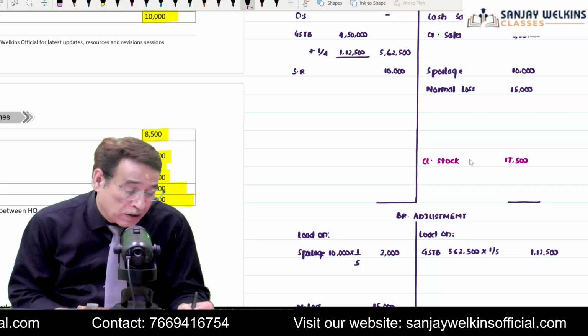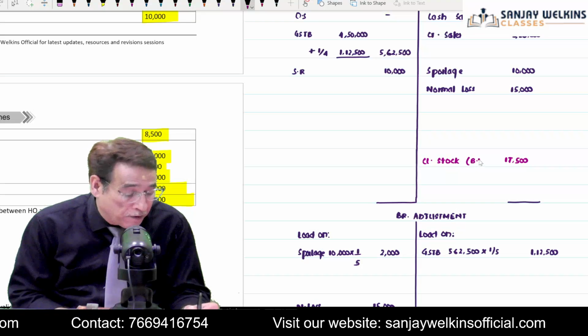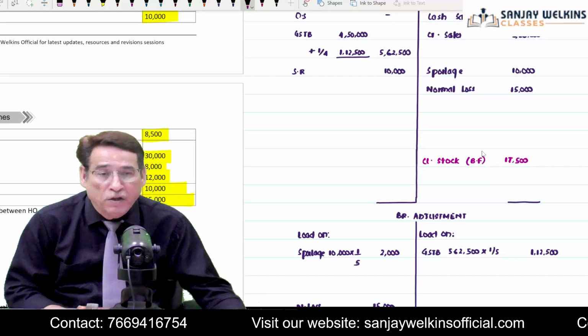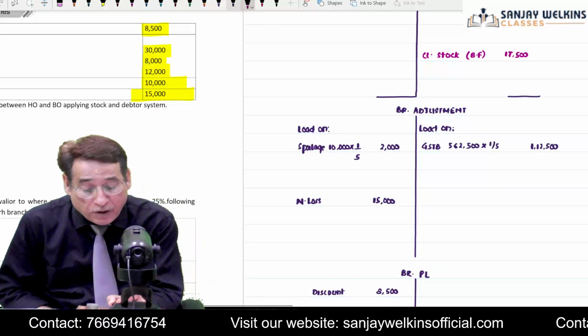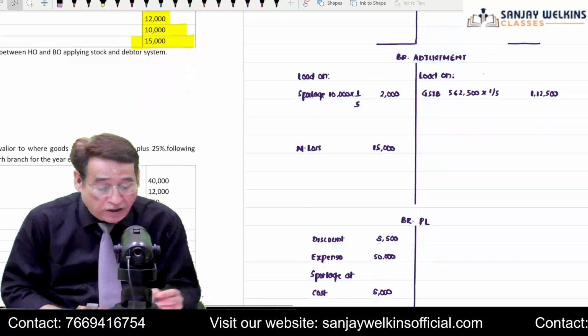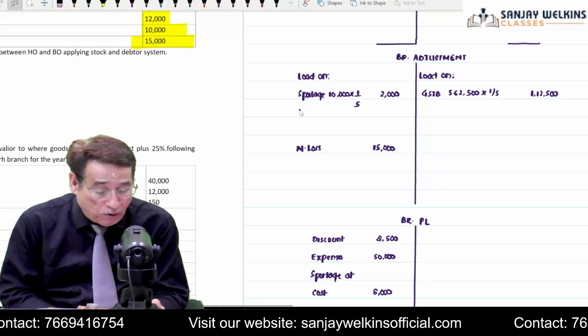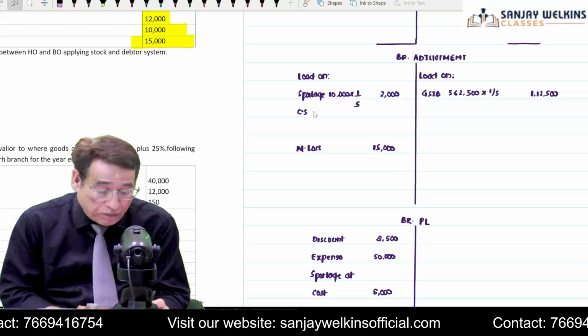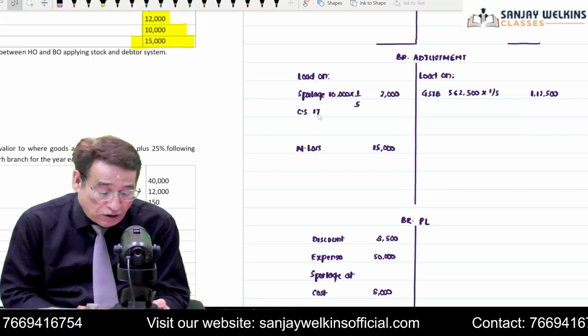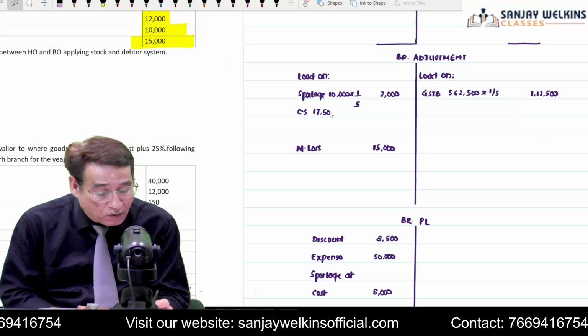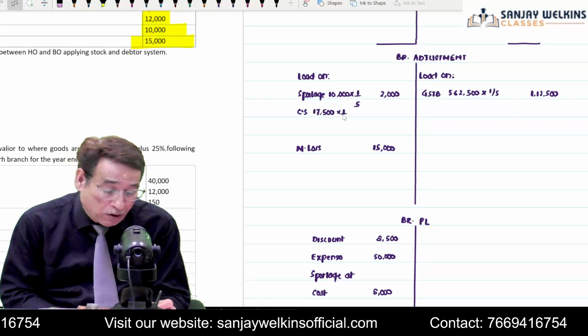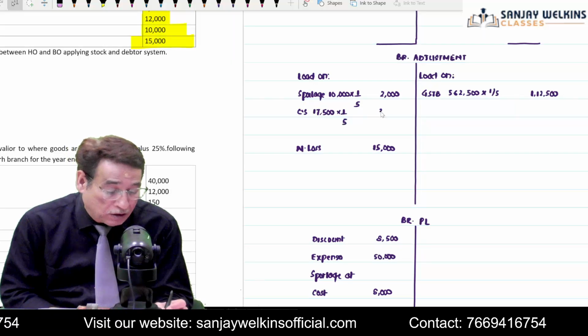So we will consider it as closing stock. Is it clear to you? And because it is closing stock, we must write here loading also. So loading on closing stock, and the closing stock is 17,500. So 1 by 5 will be your loading. That is equal to 3,500.